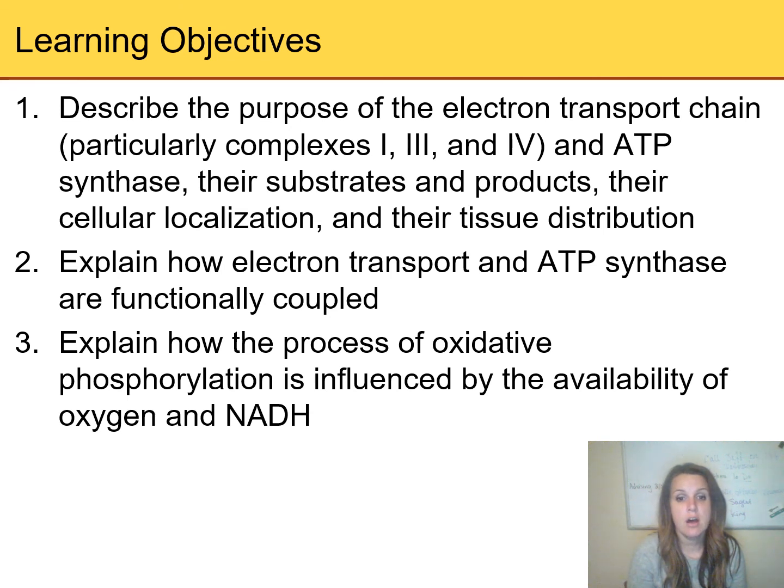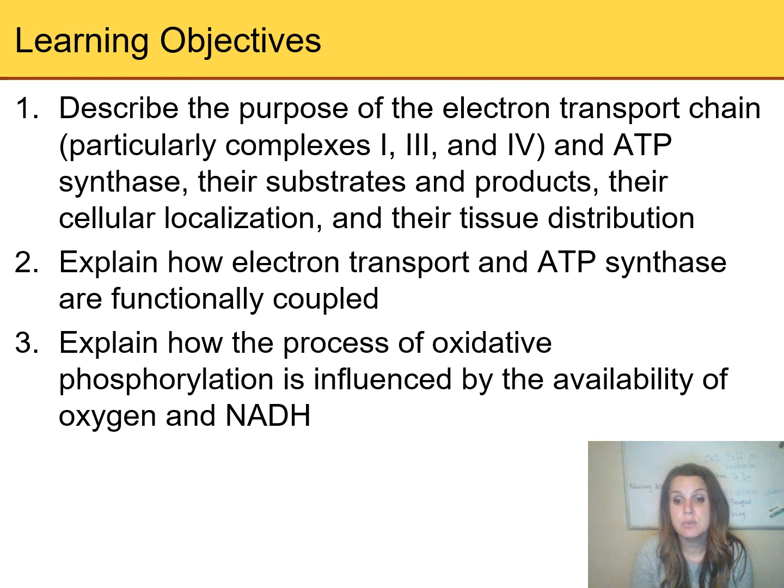Explain how the process of oxidative phosphorylation is influenced by the availability of oxygen and NADH. I didn't talk about this, but I'm going to leave this here and ask you, why would oxidative phosphorylation be influenced by the availability of oxygen and NADH? Oxidative phosphorylation is the coupled process of the electron transport chain and phosphorylation of ADP to make ATP.